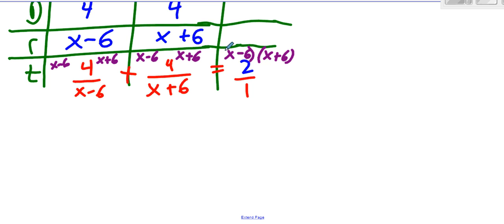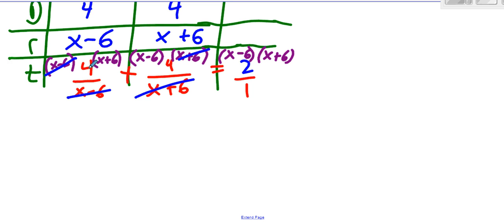Every term gets multiplied by it. What that's going to do is clear out all of our fractions. We can cancel out the x minus 6. You can cancel out the x plus 6. Nothing here cancels, so you just have to multiply it all.